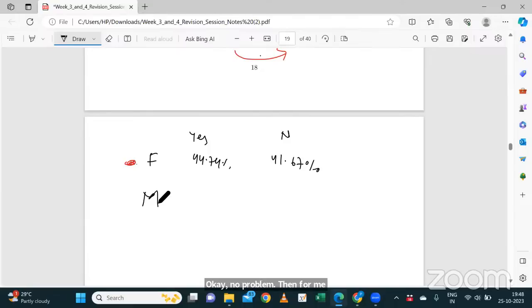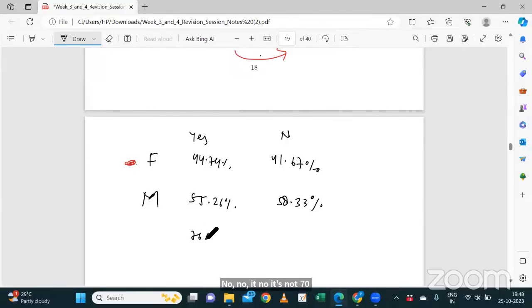For male, yes, 55.26%, and no, 58.33%. And the last column total is 76%. Yes, sir, the column total.